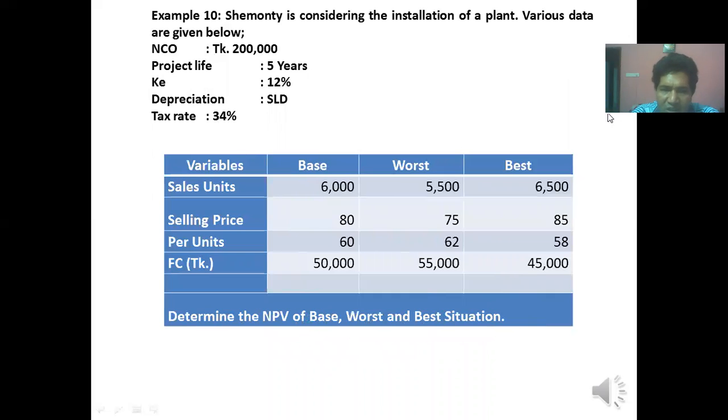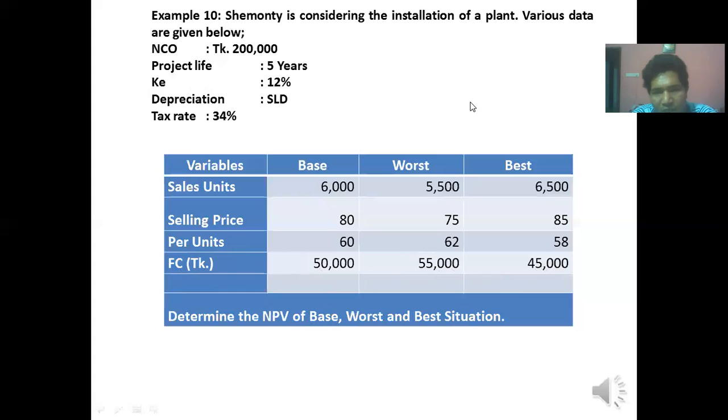You can see this scenario. Here are the three scenarios: base, worst, and best condition. And you can see sales. Here is shown sales unit, selling price, variable cost per unit, fixed cost, total fixed cost. How to calculate the NPV? First of all, we need to calculate the CFAT.